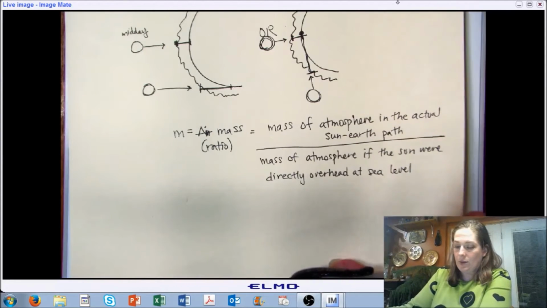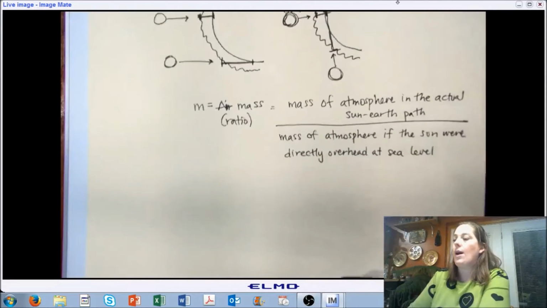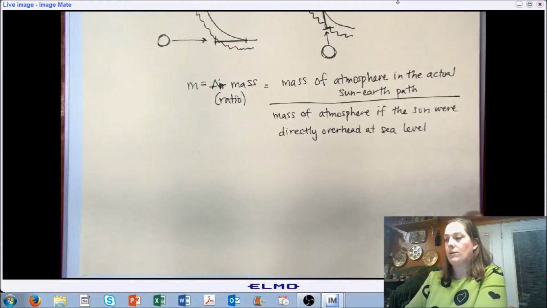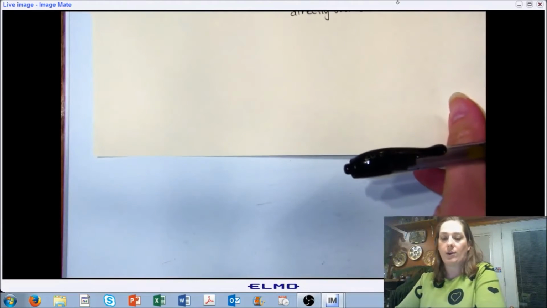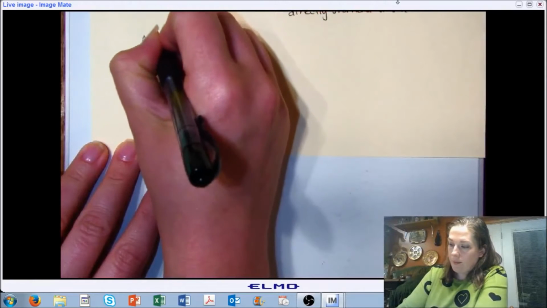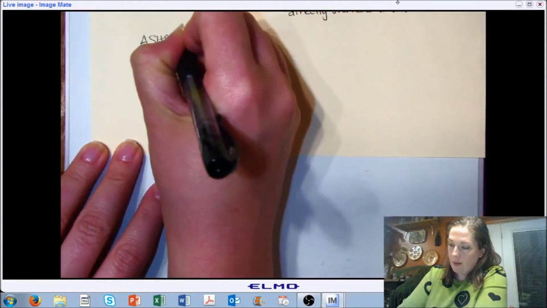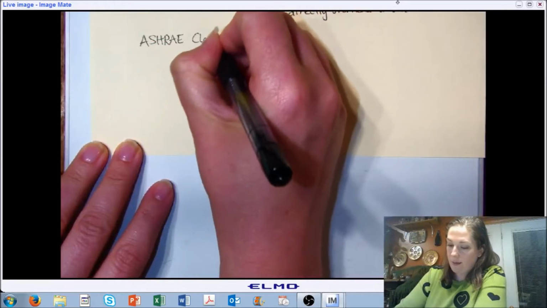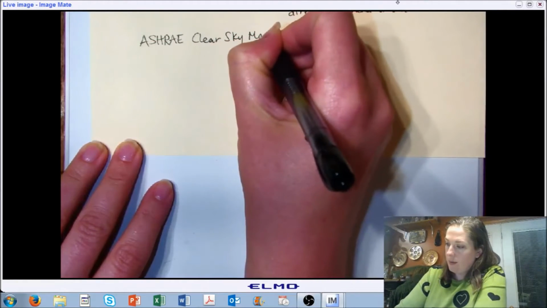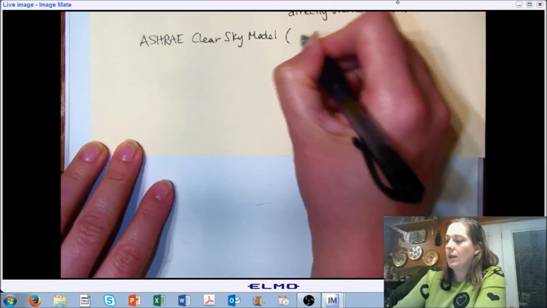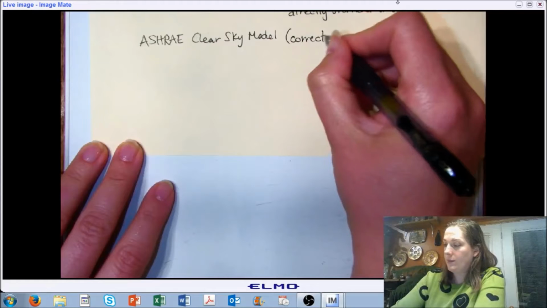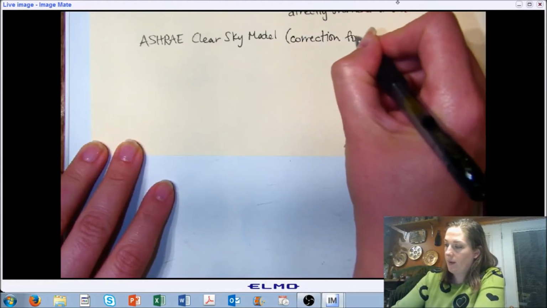Now we're ready to figure out how we calculate those irradiation values: the direct normal, the diffuse, and the reflected. How do we actually put a value to those? ASHRAE has a model that we're going to apply in this class called their clear sky model, and essentially it applies a correction for clearness of the sky.